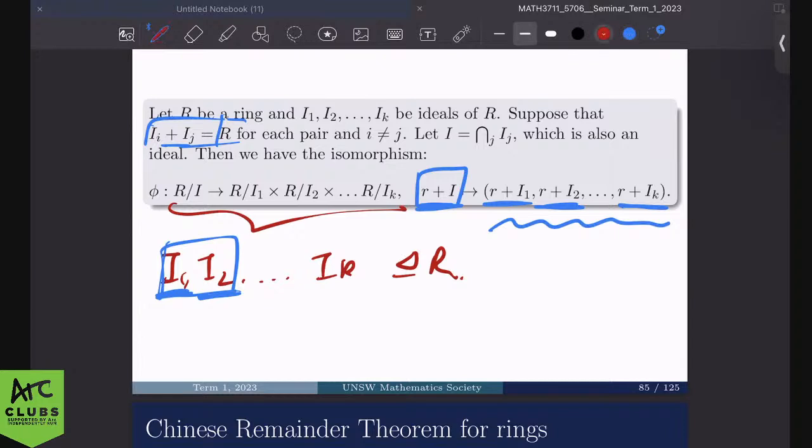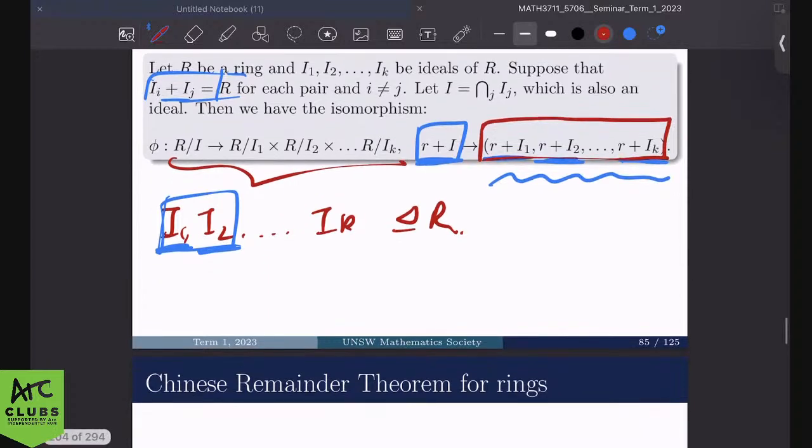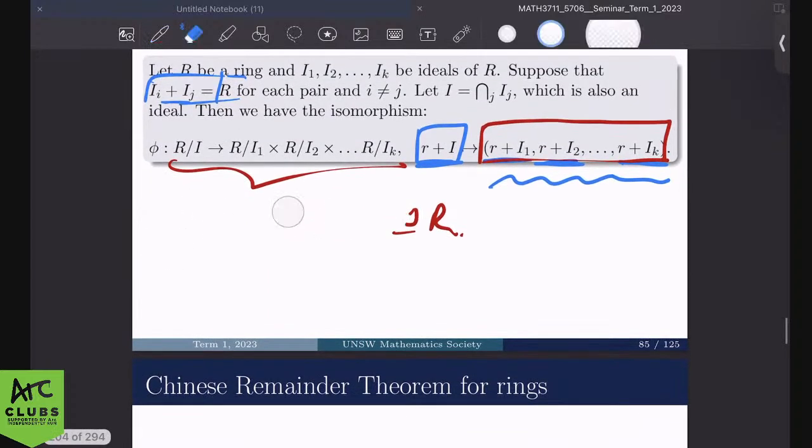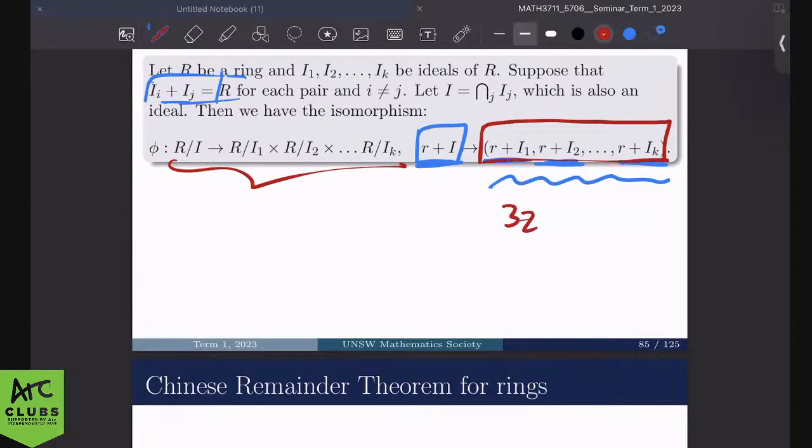So in other words, all of this information, remember an ideal is like, for example, 3Z. R plus 3Z, R plus 5Z, all the way down to, let's say, 13Z. All of this information tells you what it is mod 3, for example. It tells you where it is in reference to this first ideal. Then it tells you where it is in reference to this ideal. Then it goes down and down and down.